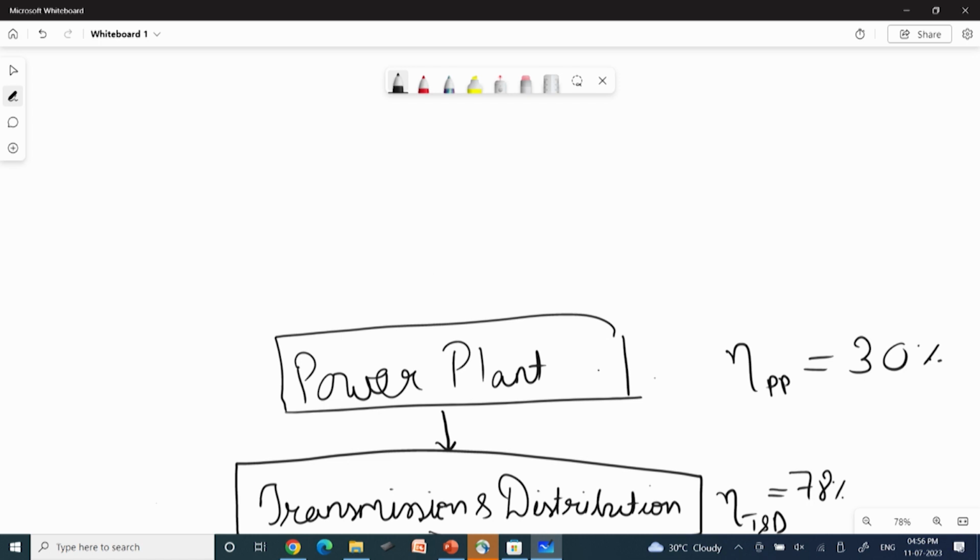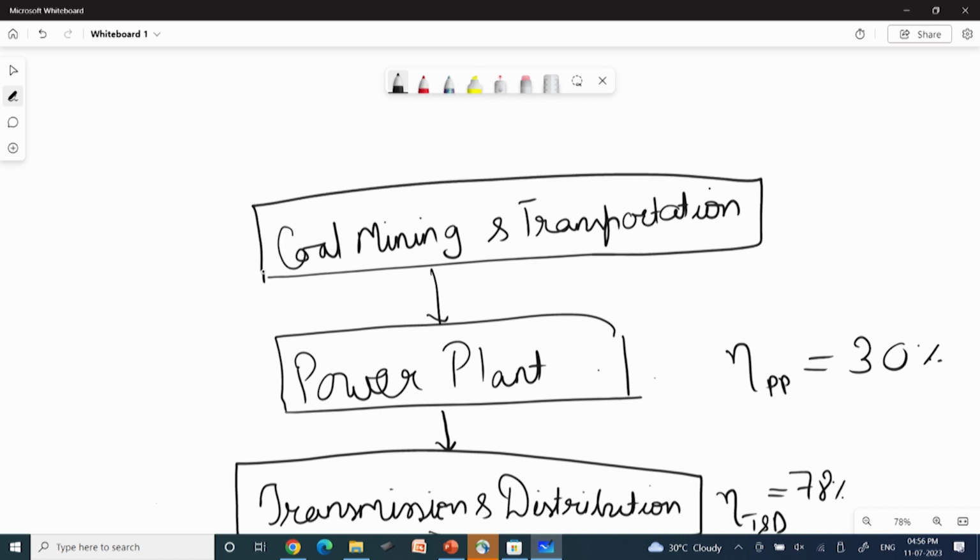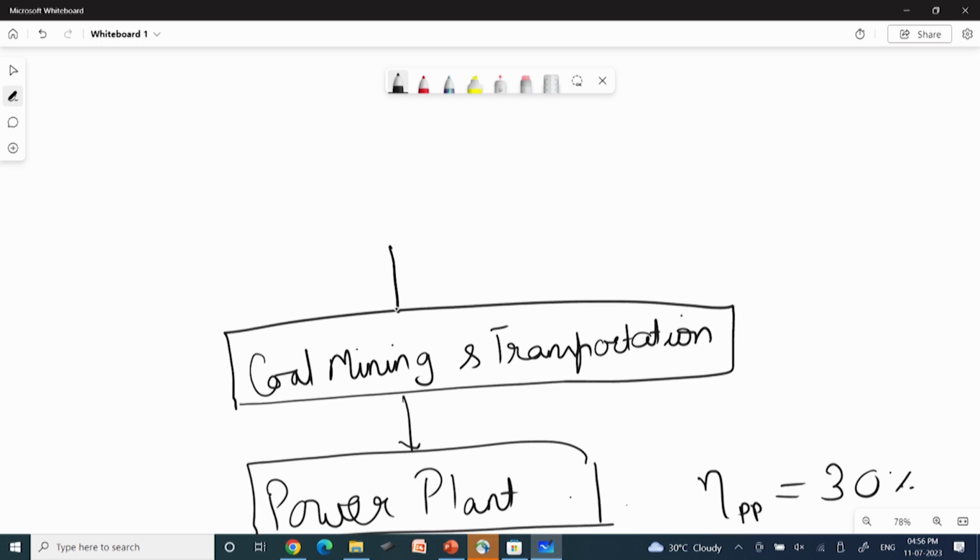So, we would have the coal mining and of course, the transportation. And beyond that would be the source of energy, the primary source, which is coal itself.